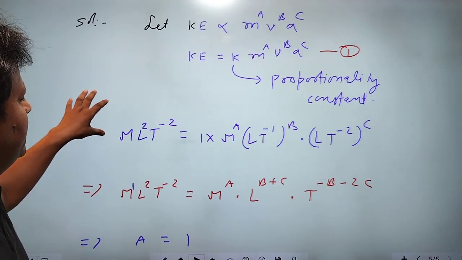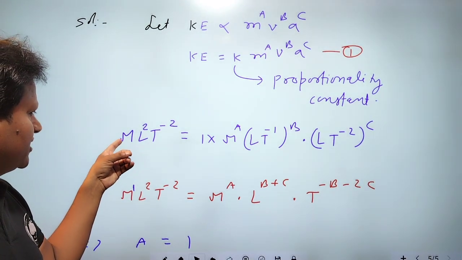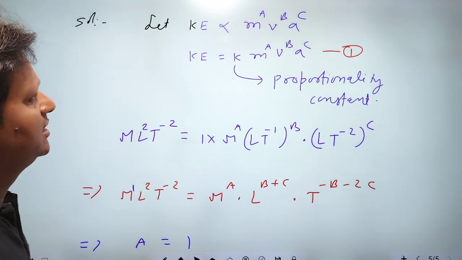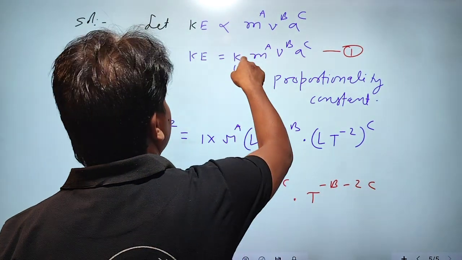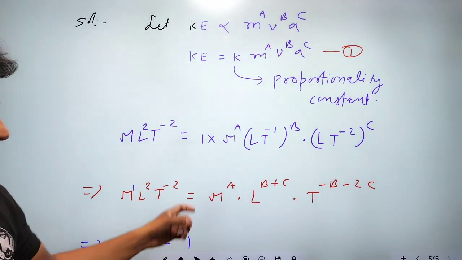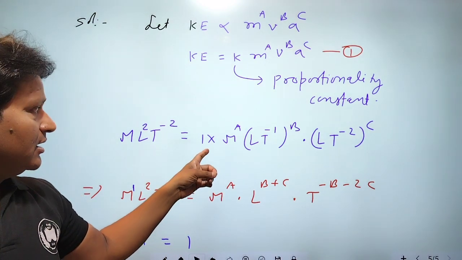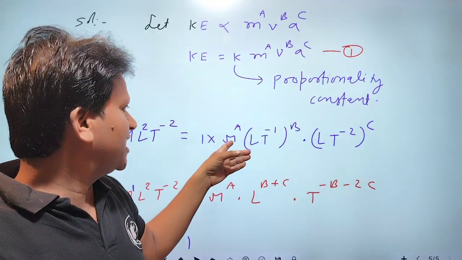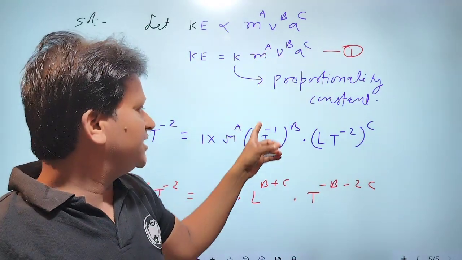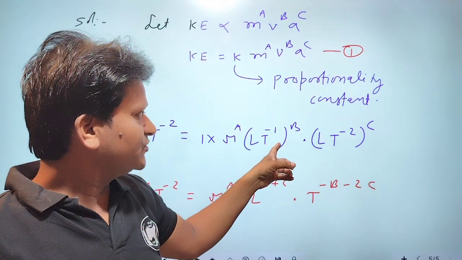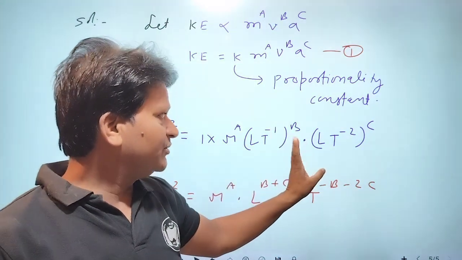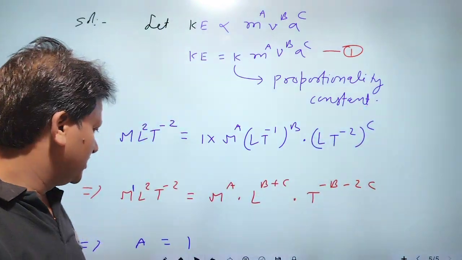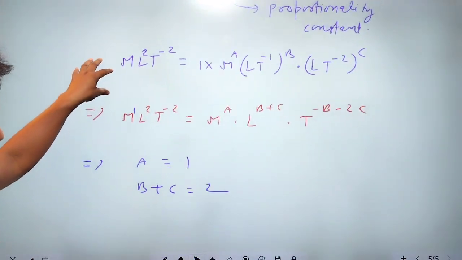Therefore, the dimension of kinetic energy will be equal to work, that is M L to the power 2 T to the power minus 2. And the dimension of the constant is unity, and this is mass. The dimension of mass is capital M, and this is speed. The dimension of speed is L T to the power minus 1, to the power B, and the dimension of acceleration is L T to the power minus 2, to the power C.